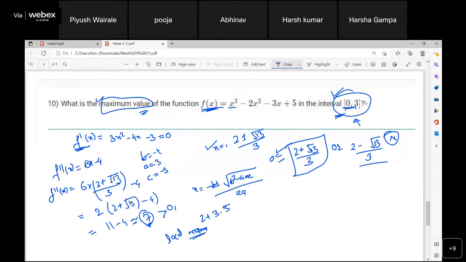Now just put the value in the function and find the value f of a. So what is the value of f of a? Try to convert it to this number and calculate using the calculator.